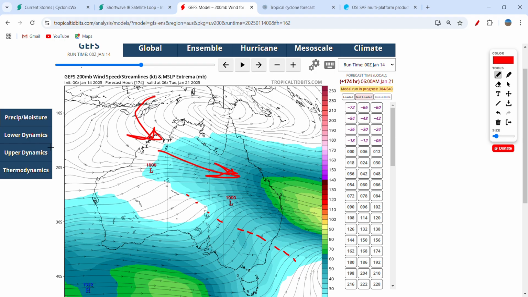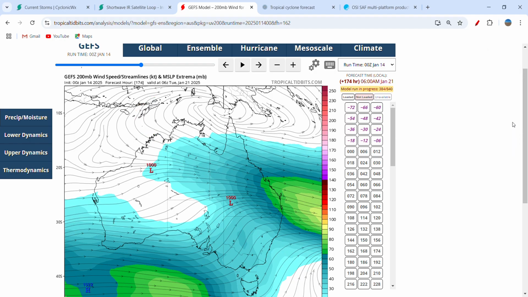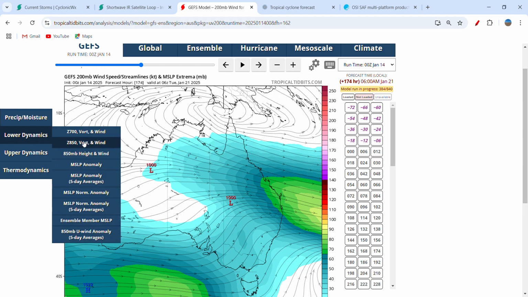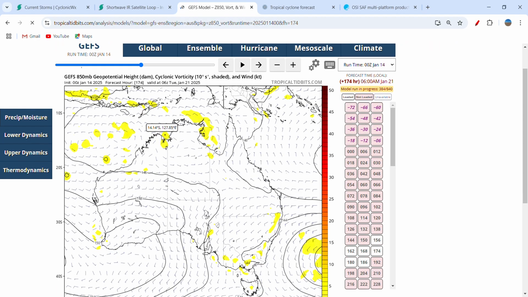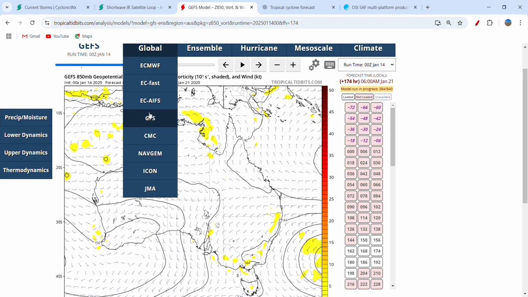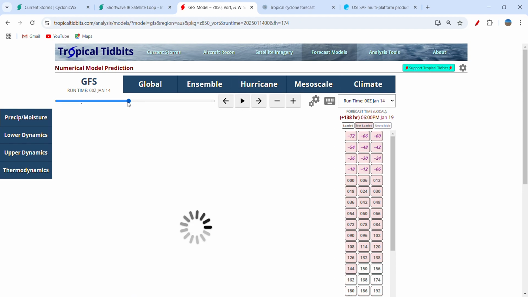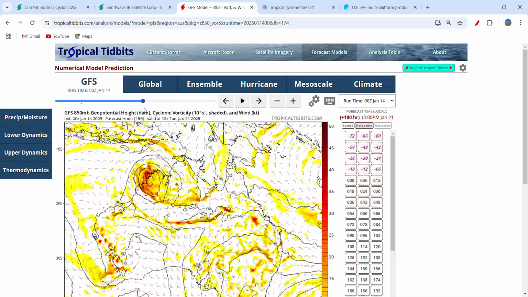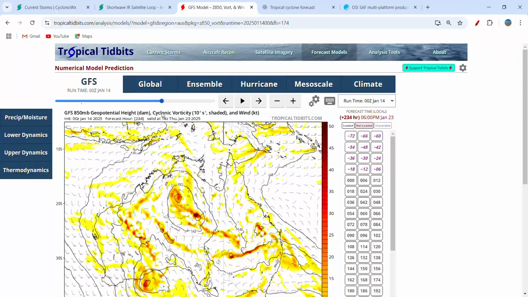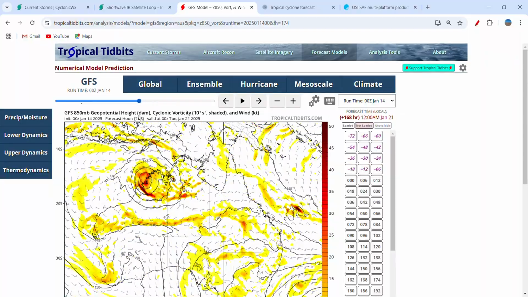Let's take a look at sounding. I think it'll give us a better idea. I won't be able to do it on ensemble, so we'll take a look at the GFS, for example. Yes, the low goes inland. It broadens, elongates as it moves southeastwards.